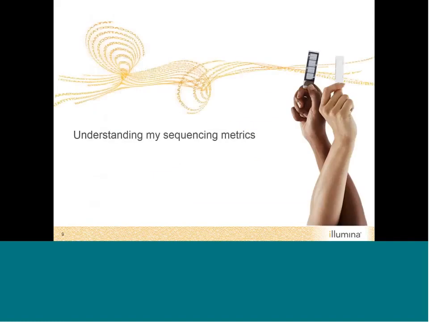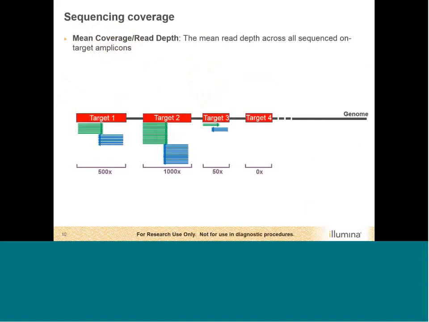Okay, let's switch gears a little bit and talk about important concepts that we need to know to understand sequencing metrics. So the first thing that I want to talk about is the term of mean coverage and mean read depth. I'm sure you've heard this before, a very common term in sequencing in general. When we talk about amplicons, the mean read depth is calculated across all of our sequenced on-target amplicons.